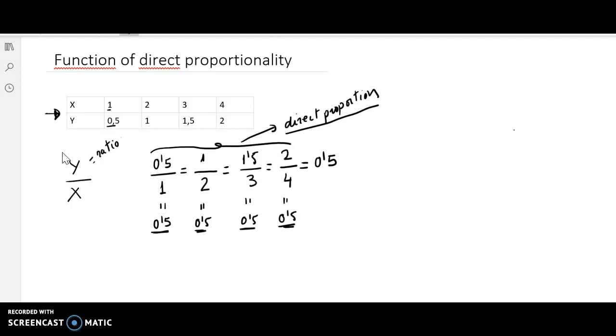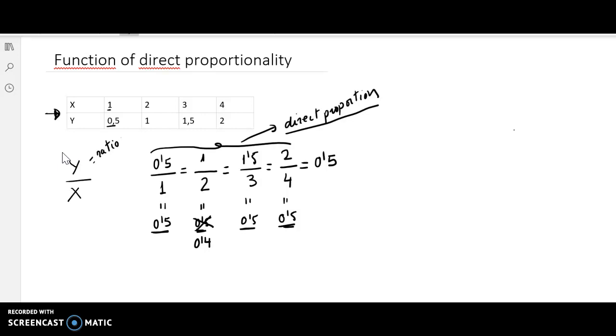If we get a different number, for example, suppose that we don't get 0.5 and we get 0.4, in this case, we cannot call this function a function of direct proportionality.